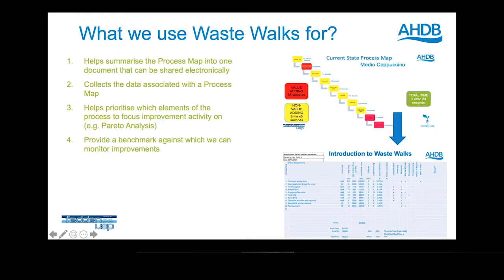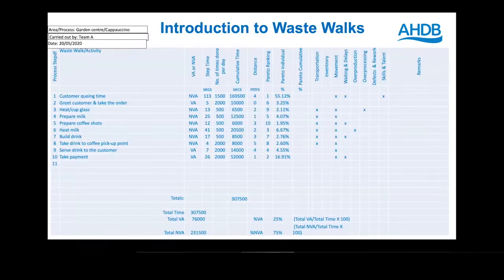Just going back on this, quite often what I'll use is you've got your total lead time, so the total amount of time it takes to do this process, and you've got your percentage value add and your percentage non-value add. I'll actually use these as metrics to see whether things have got better or have gotten worse. So hopefully by doing the improvements, you drive this time down.